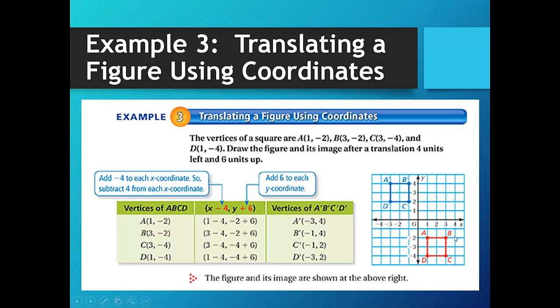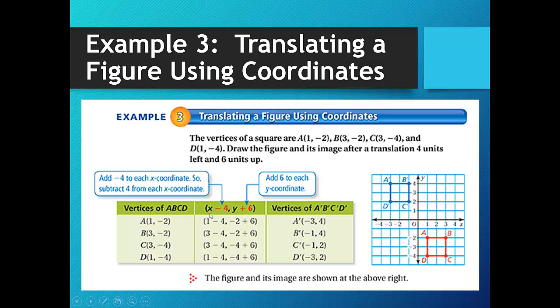So you can see that our original square ABCD is drawn in red, and we can use a table to help us figure out the new coordinates. We want to do 4 units left. So if we're going left, that's going to be a -4, or subtracting 4, and then 6 units up.